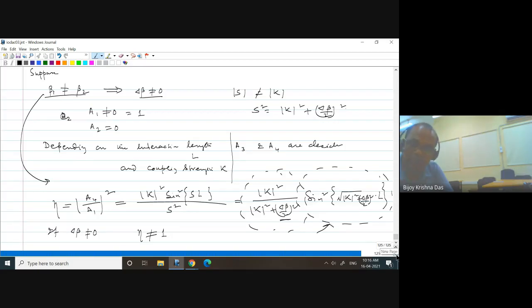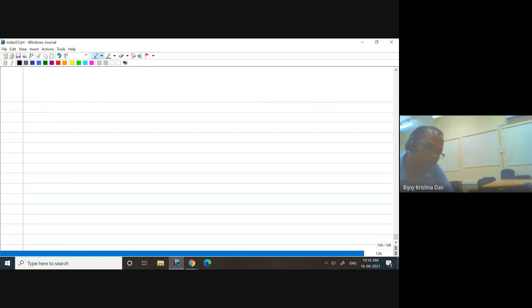Now I will try to explain. Going back again, delta beta equal to 0 means beta 1 equal to beta 2, a symmetric waveguide. Then I know that your eta will be equal to sine square kappa L. Remember that I have not considered losses, so it is a lossless case.